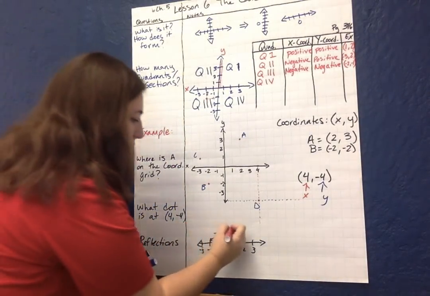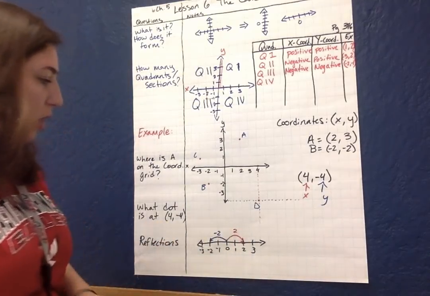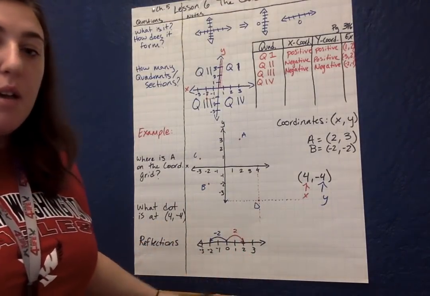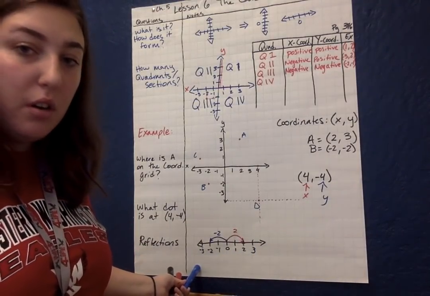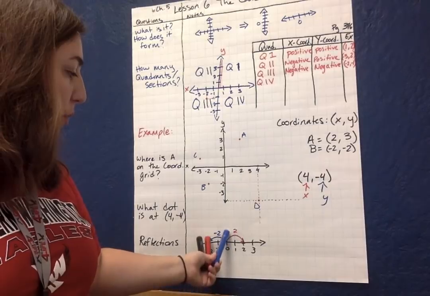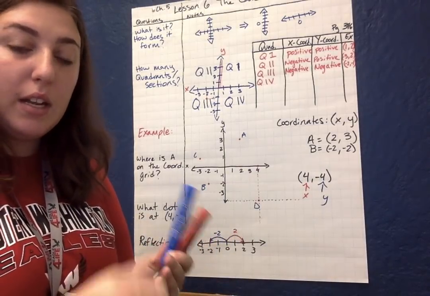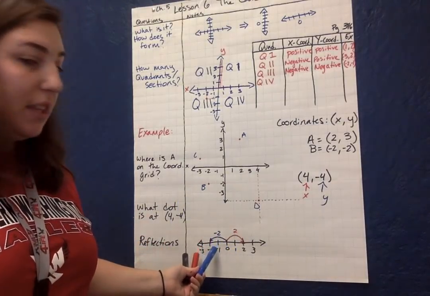Okay? So the opposite of 2 is -2. But also notice, if you were to fold this number line over, okay, with 0 being like the point that it's folded over, it would be in the same spot.